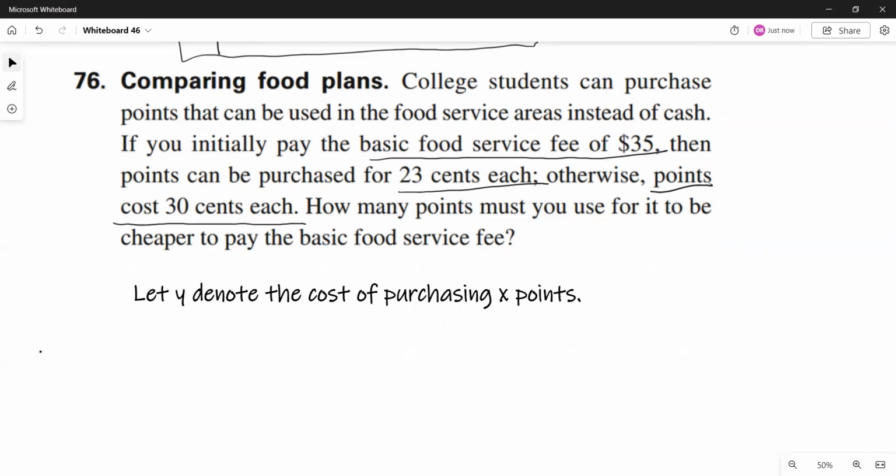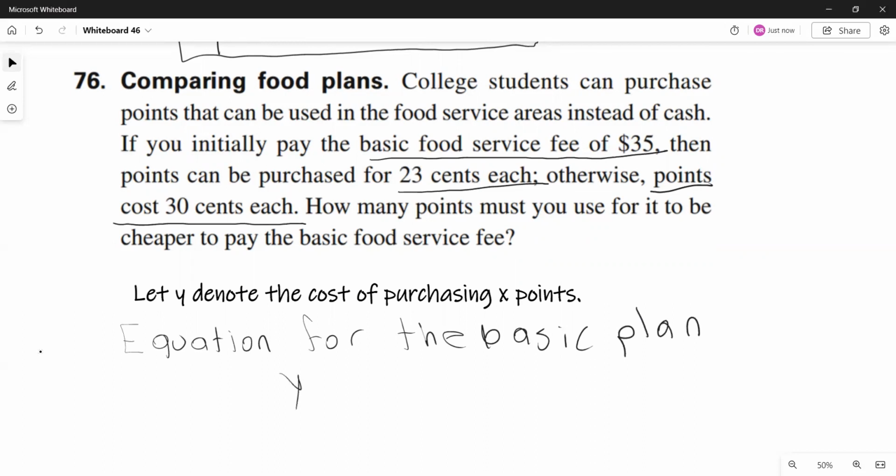Okay, so the equation for the basic plan is going to be y equals the basic food service fee of $35 plus 23 cents per point.